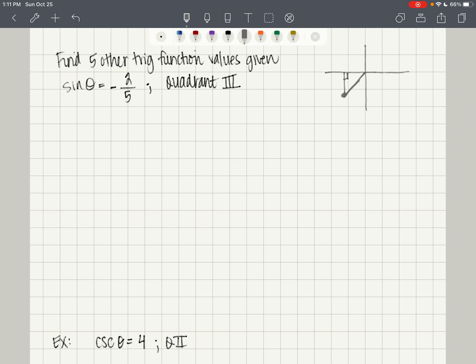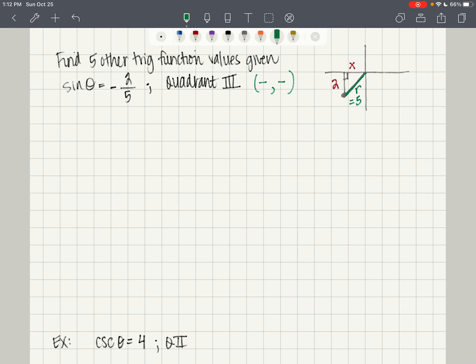Just know that my terminal side, which is r, is in quadrant 3. Sine of theta opposite, that's going to be your y value. So your y value is 2, and your x value is unknown, and your hypotenuse, which is r, is equal to 5. So in quadrant 3, x is negative and y is negative.